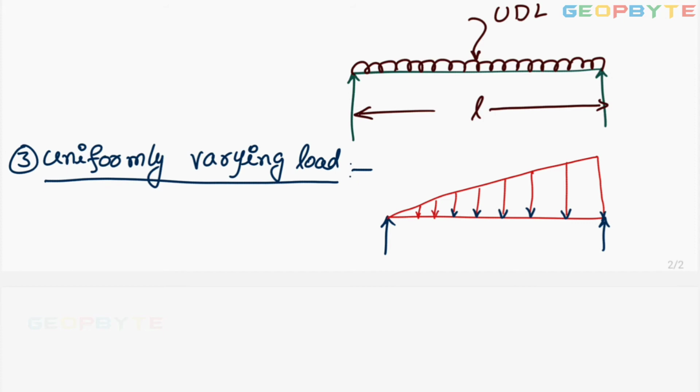I hope you understood. Most popularly it is called UVL, uniformly varying load. That is about beams and types of beams, load and types of loads.